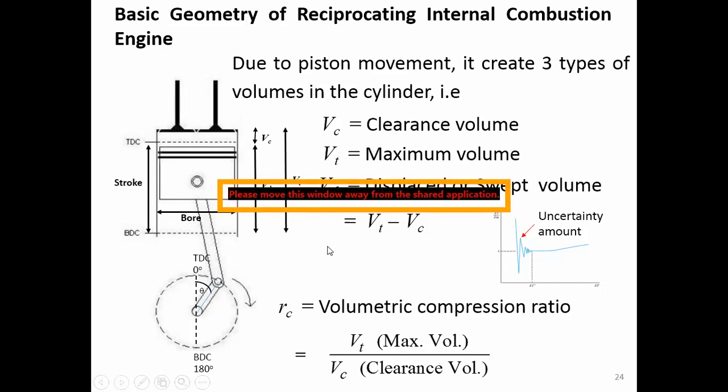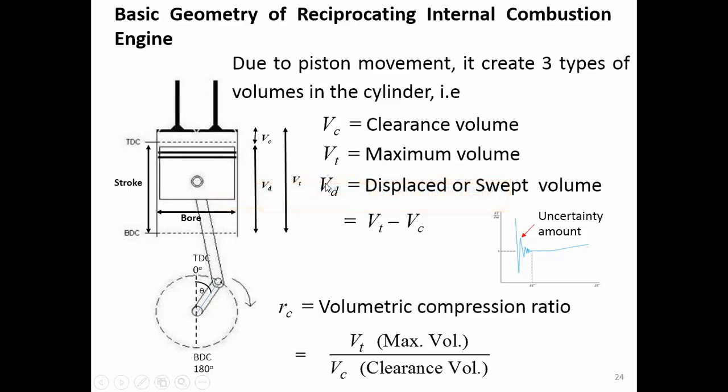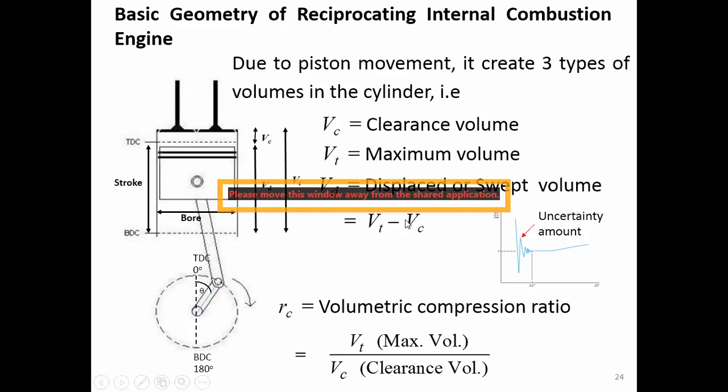And then we have the displacement or the swept volume. We call it V sub D, or some textbooks call it V sub S, because S stands for the swept volume, D stands for the displaced volume. This displaced or swept volume is the difference between the maximum volume and the clearance volume.